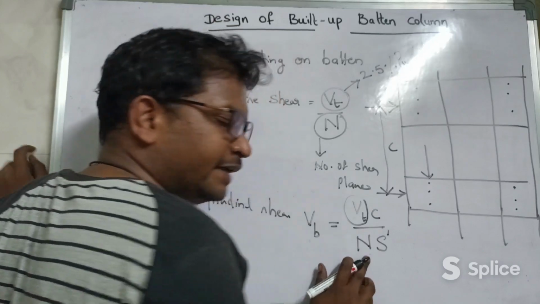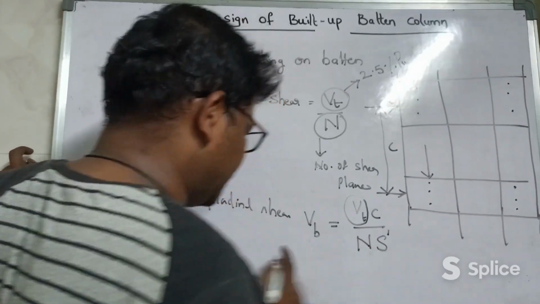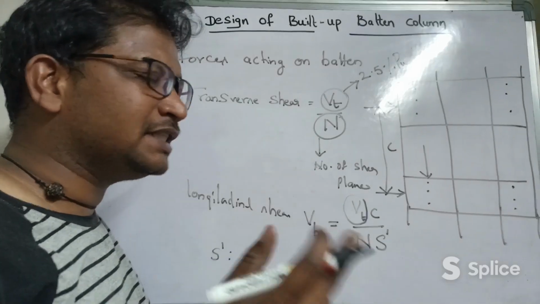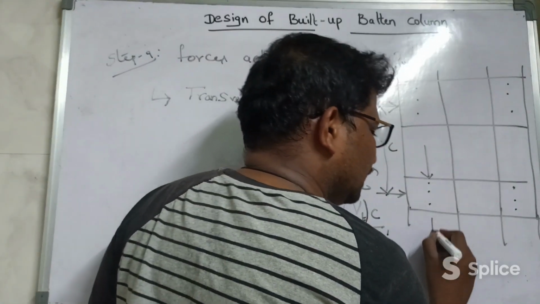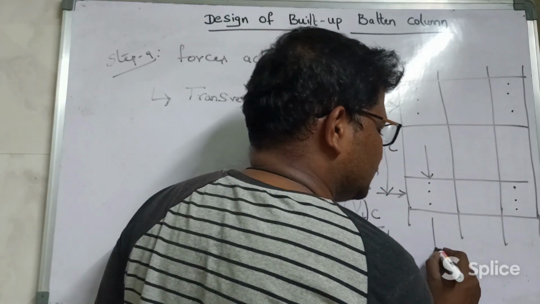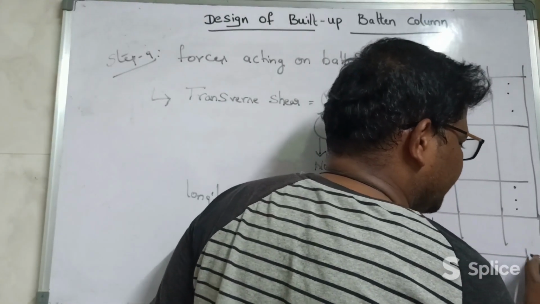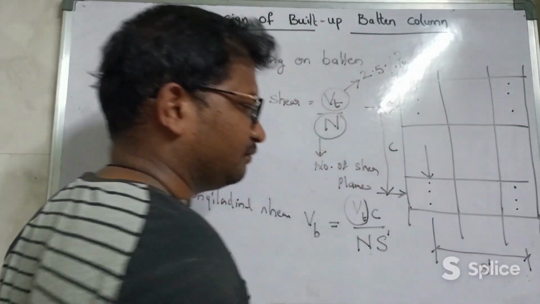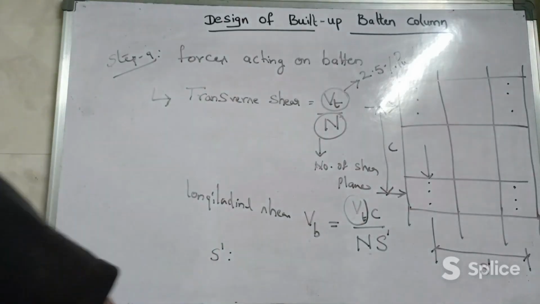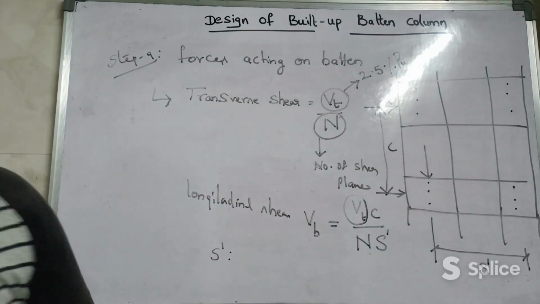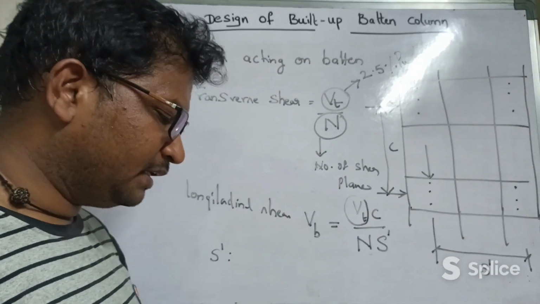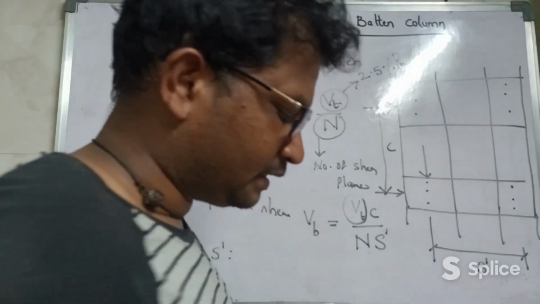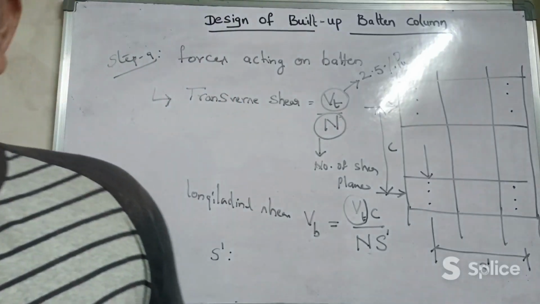Next, N is number of shear planes. S dash is the minimum transverse distance between centroids of rivets. Okay, this distance is known as S dash, where S dash is the minimum transverse distance between the centroids of the rivet line, or rivet group.